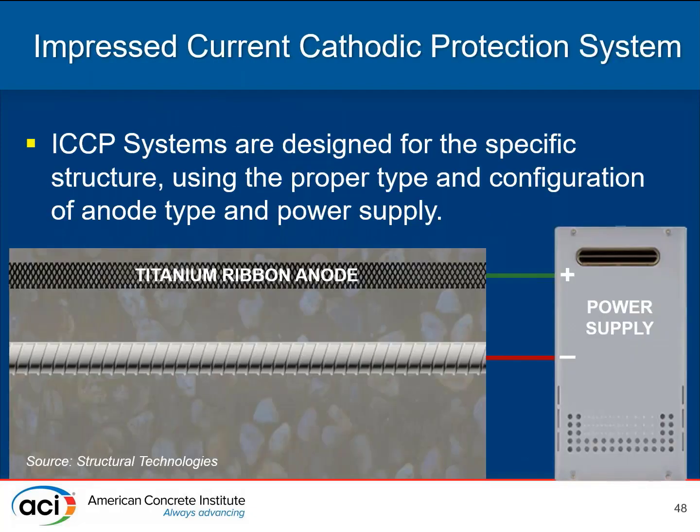Contrast that against an impressed current system, which needs to be very specifically designed for that structure. There are a lot of decisions that need to be made in terms of what the anode type is. Are you using a titanium anode? There are different options there. What's the power supply?